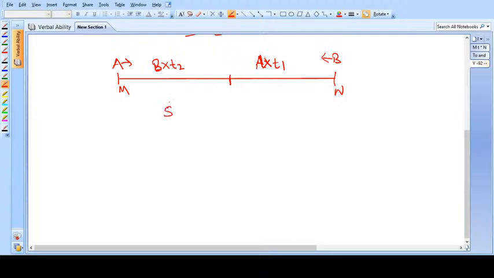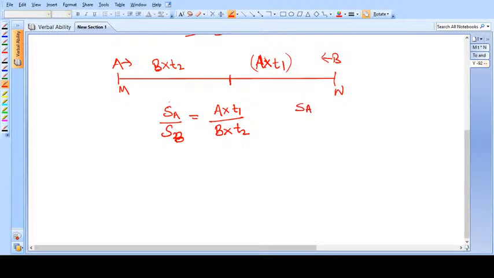So SA upon SB will be A into T1 upon B into T2, right?